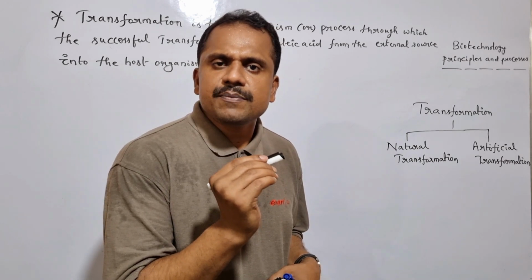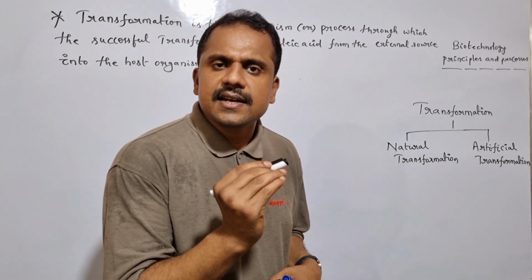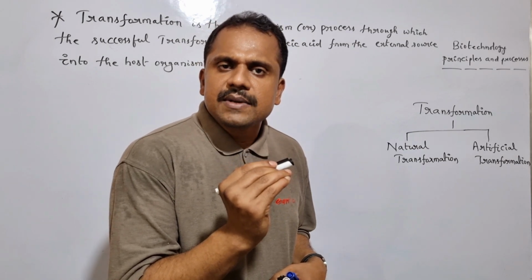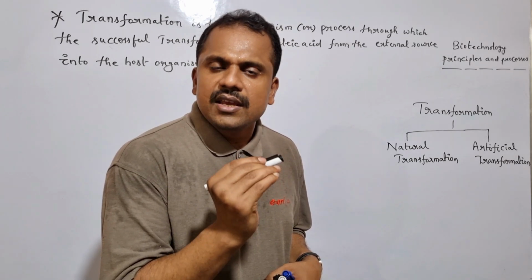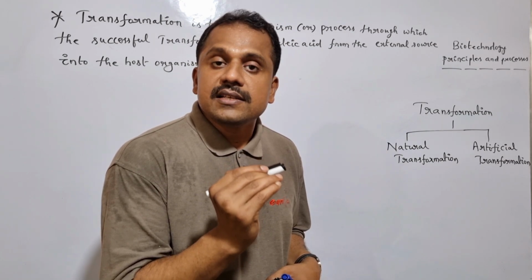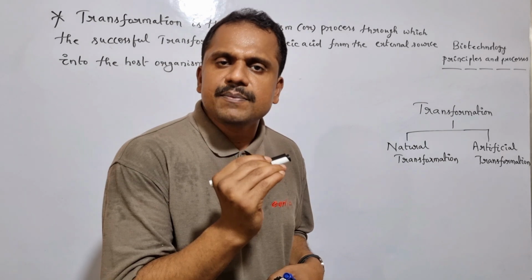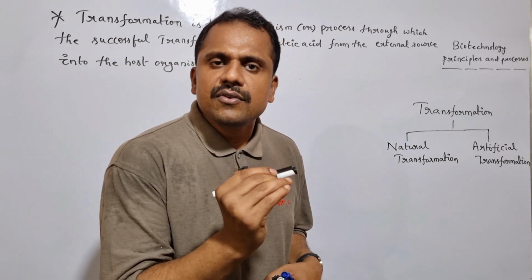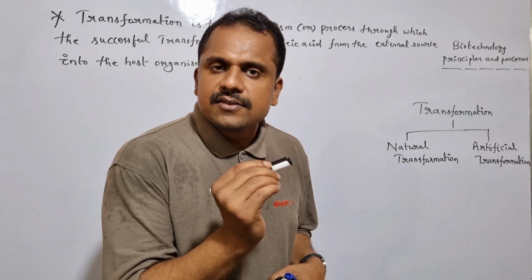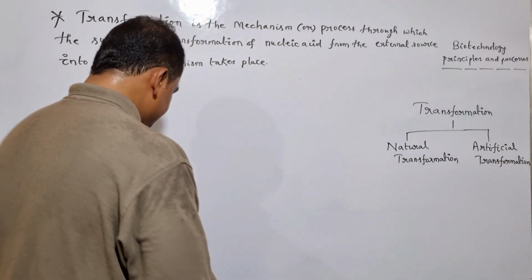Once the competent genes are successfully expressed, it leads to the expression of specific proteins termed as competent proteins. Once the competent proteins are expressed, the bacterial cell is ready to take in the nucleic acid from the external source into the host organism. Is it clear? So let me write it here.